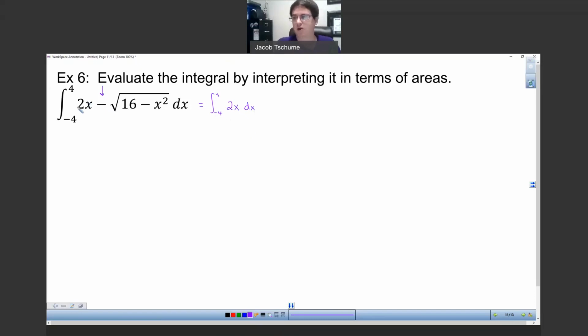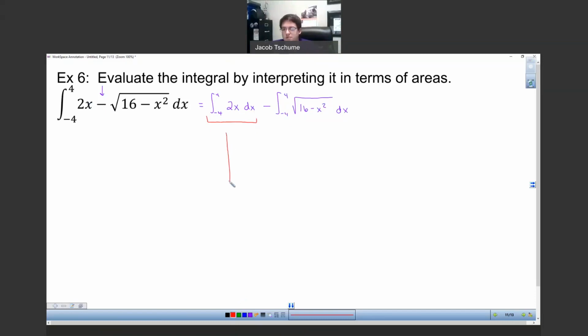I'm going to integrate on the same parameters of just the 2x, minus the integral of the same parameters of the square root function. All right, so what I'm going to do is draw each of these pictures separately, and then we're going to calculate each area and put it together.